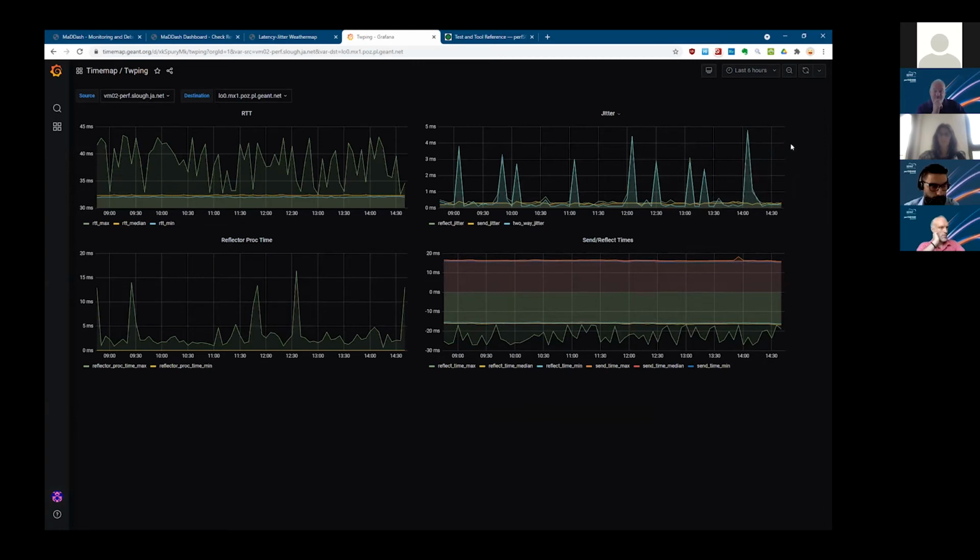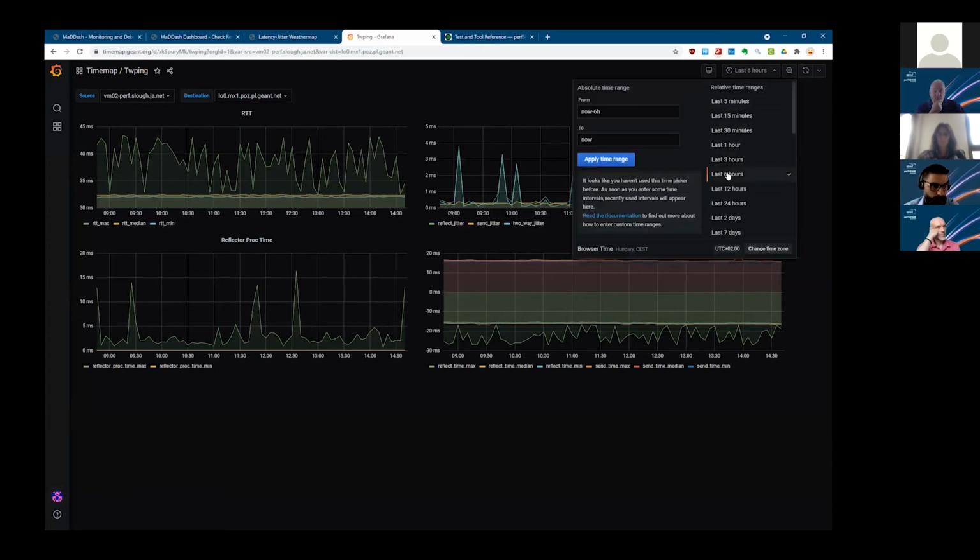The Lola team is not testing to all of the routers, and they have this perfSONAR node in London Slough. This is why I chose on the perfSONAR dashboard the same kind of scenario, the same case.